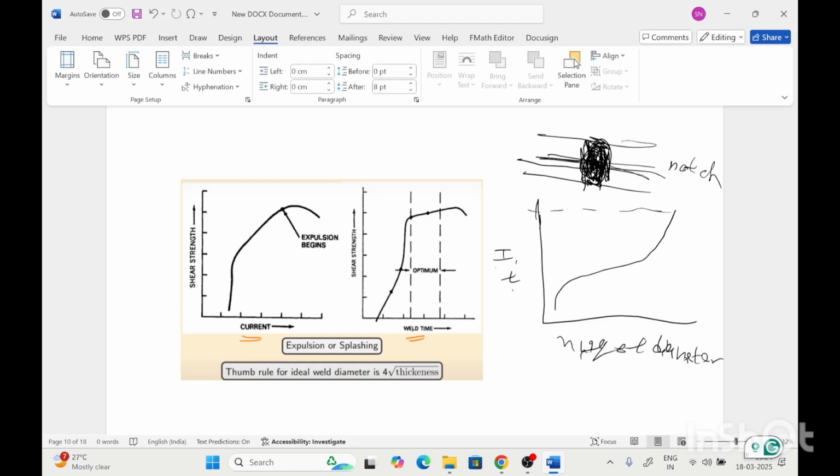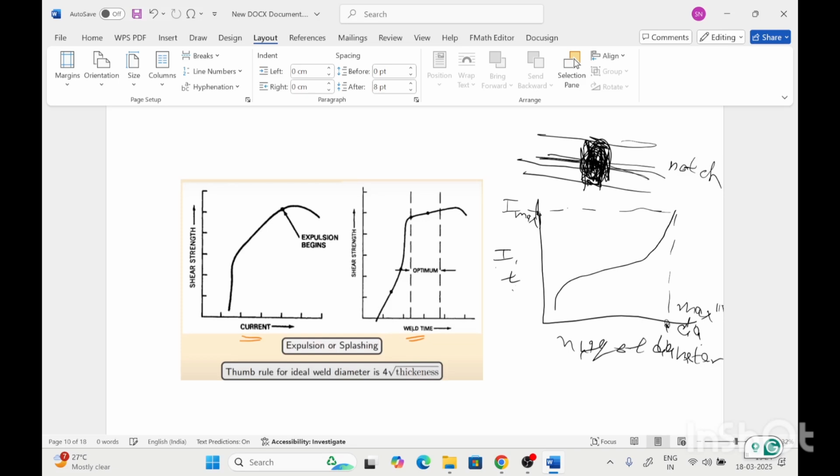So at this point, we can achieve the maximum welding nugget diameter, and the current value at which the maximum diameter is achieved is written as I max.